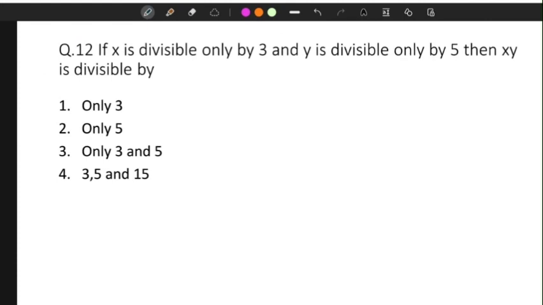If x is divisible by 3 and y is divisible by 5, then xy is divisible by what? Look here, let us consider x as 3 and y as 5. What they are telling here is that x is divisible by 3, that is, 3 is divisible by 3, right?